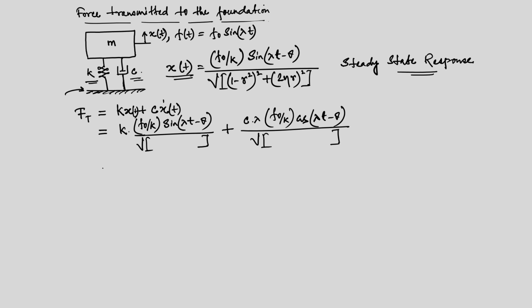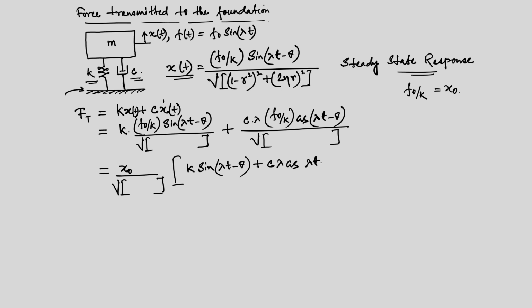Now, again we can combine this expression. So, what we can do, f naught by k is what? This is x naught, that is the static deformation. So, what we can do, we can take this out and then the third bracketed term. Then what we have inside is k sin lambda t minus theta plus c lambda cos lambda t minus theta.